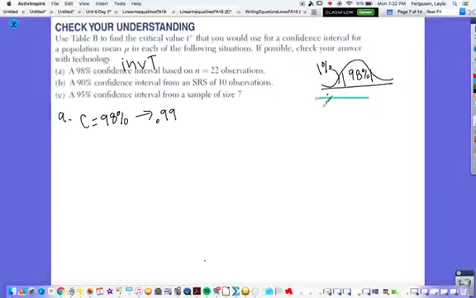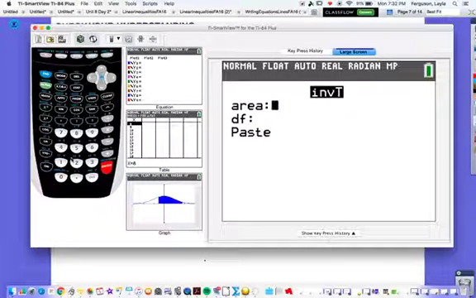The reason is that I'm trying to find the area underneath the curve from this dark line on. So I'm doing all the 98% and then the extra 1%. So 0.98 plus 0.01 gives us 0.99. So the area underneath the curve that we're looking at is 0.99.